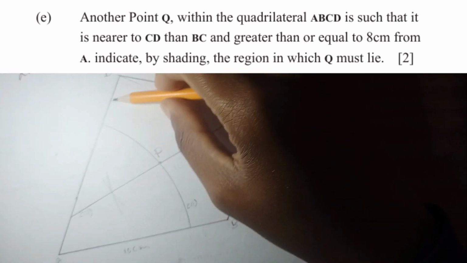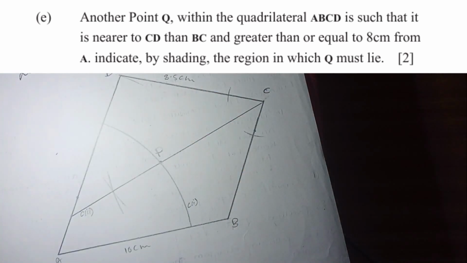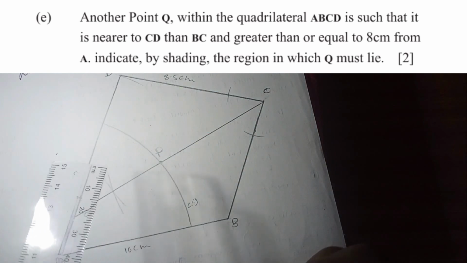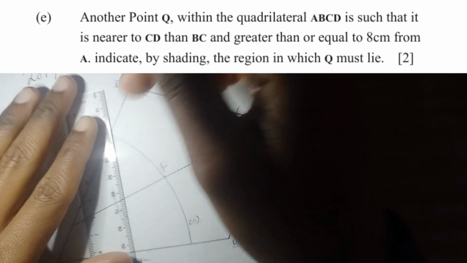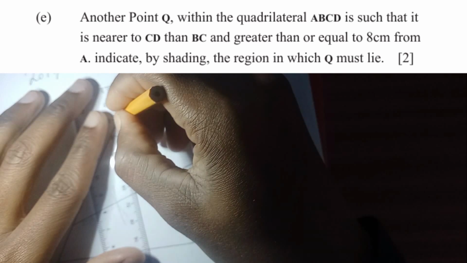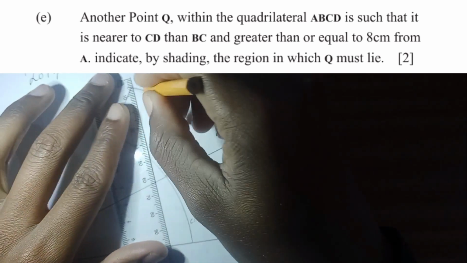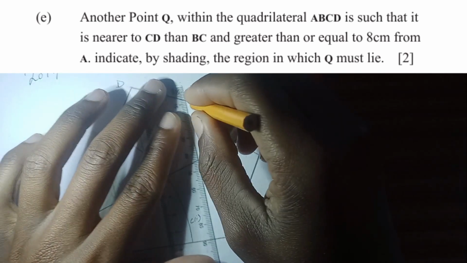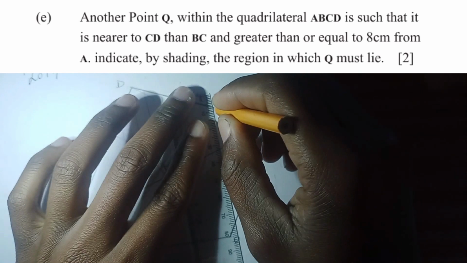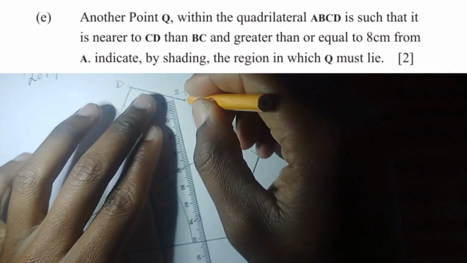So the only region that satisfies these conditions is this part. And the question tells us to indicate by shading the region in which Q must lie. So this is the region that we are going to shade. Let me shade this region like so. And as you can see, we are done with solving the question.